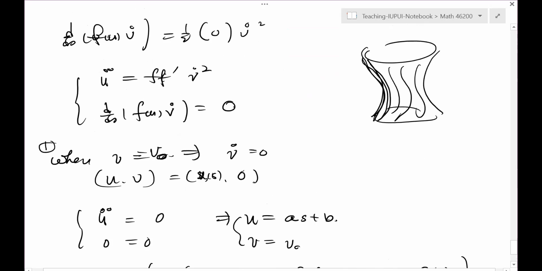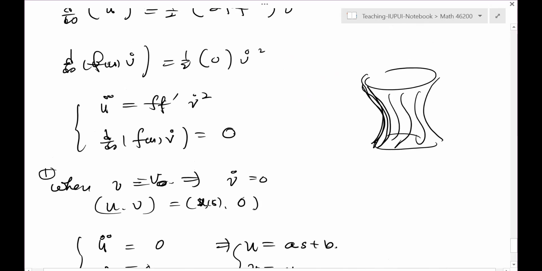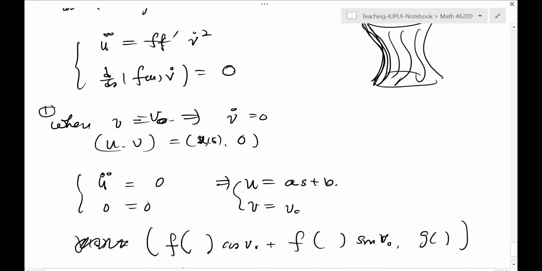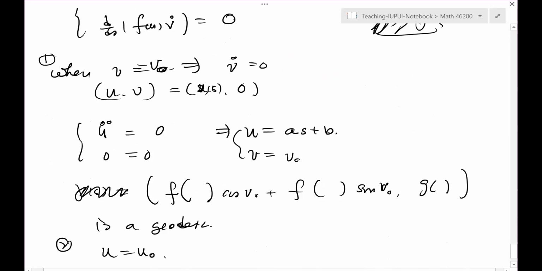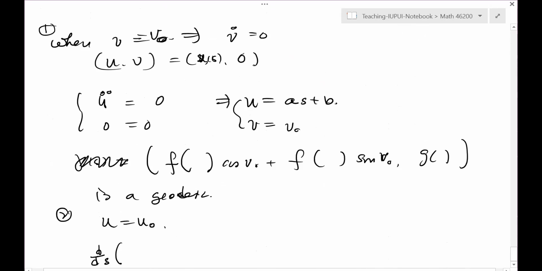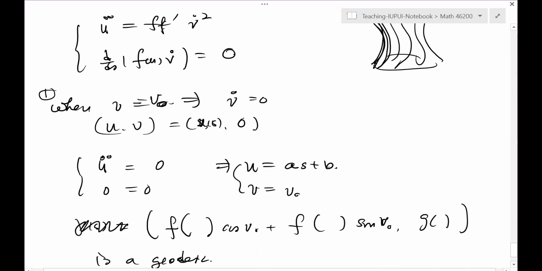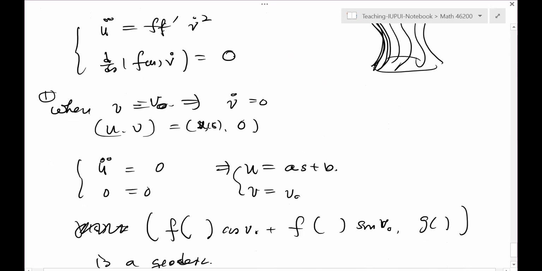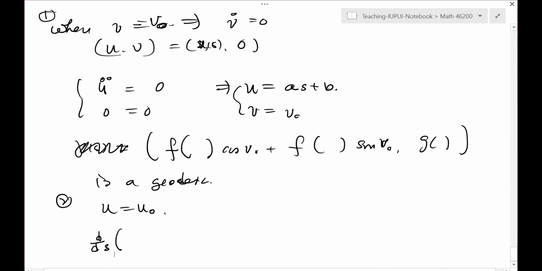So my u is going to be constant. That is a circle.